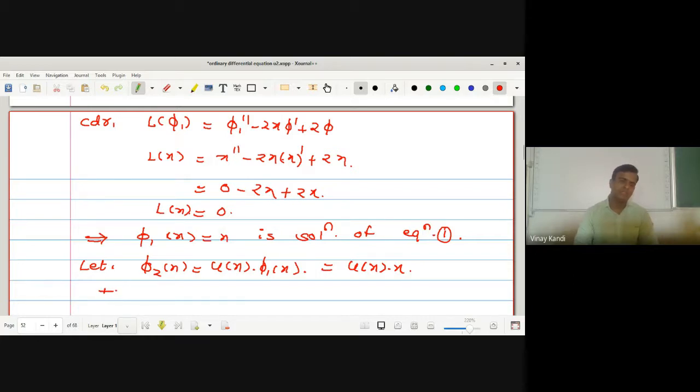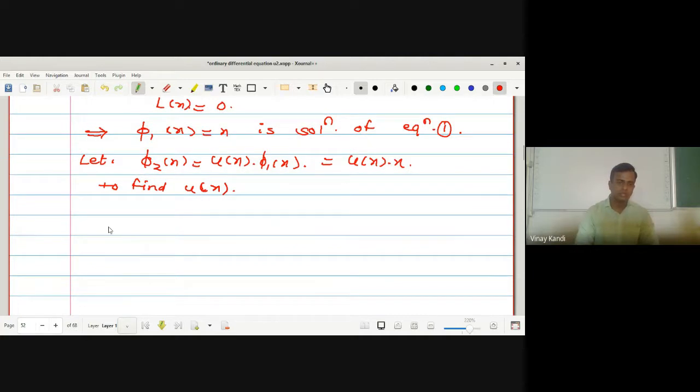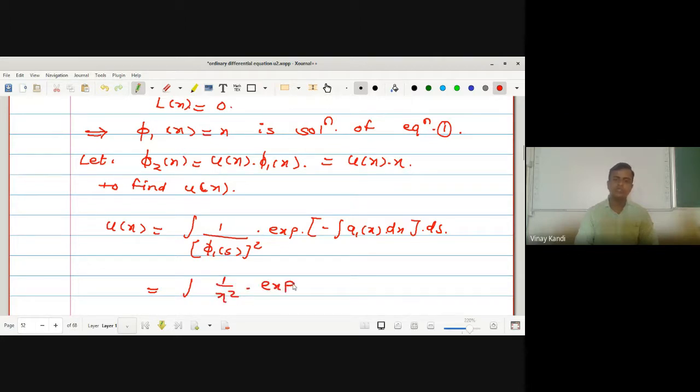Now to find u of x, u of x is equal to integration 1 upon phi 1 of x bracket square into exponential of bracket minus a1 of x dx into dx, which is equal to integration 1 upon x square into exponential of minus what is a1?